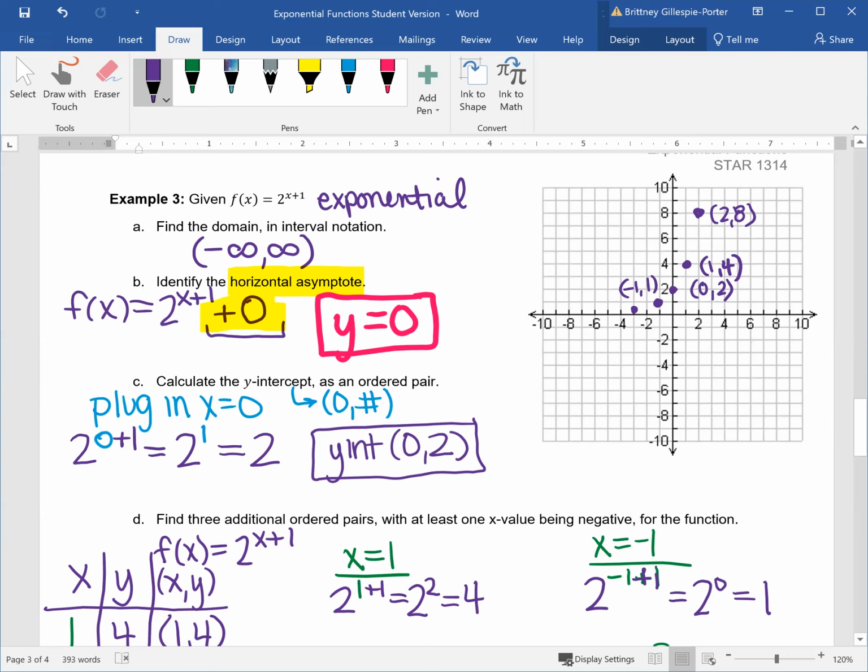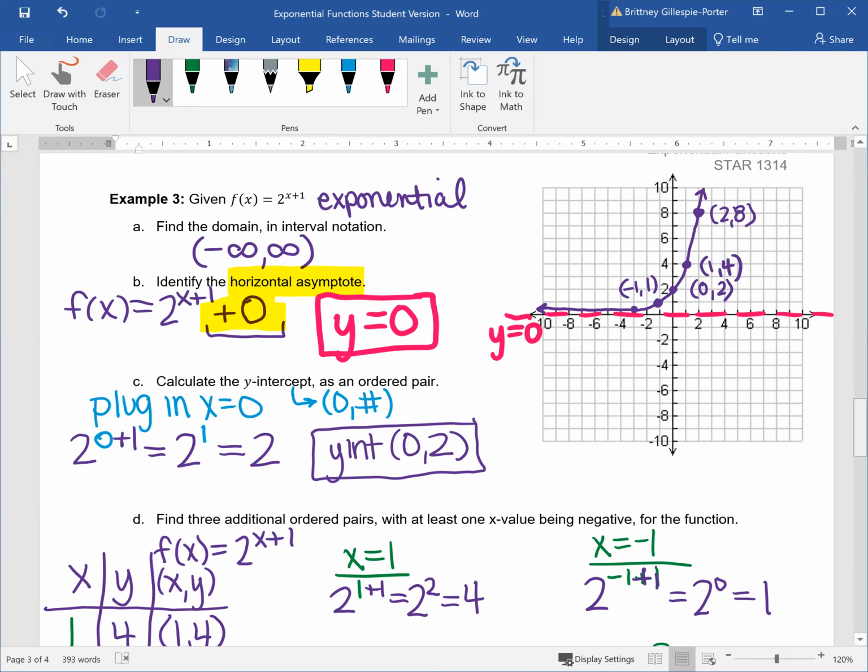We have a horizontal asymptote of y equal to 0, which means I'm going to have a dashed line along my x-axis. I'm going to go ahead and label it. And now I get to connect the dots for my graph. Starting at -3, 1/4 and going to the right, I can connect them in a pretty nice fashion going up. To the left, I'm going to get as close to the horizontal asymptote as I can without crossing it.